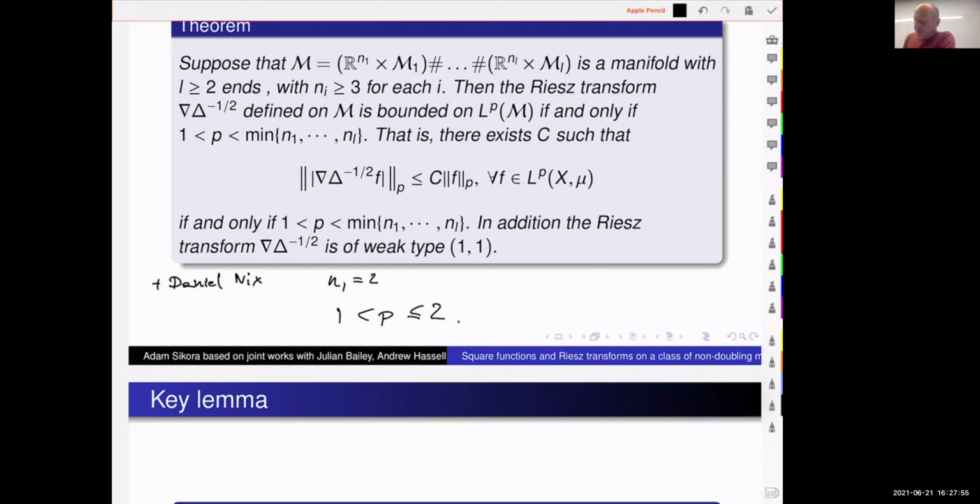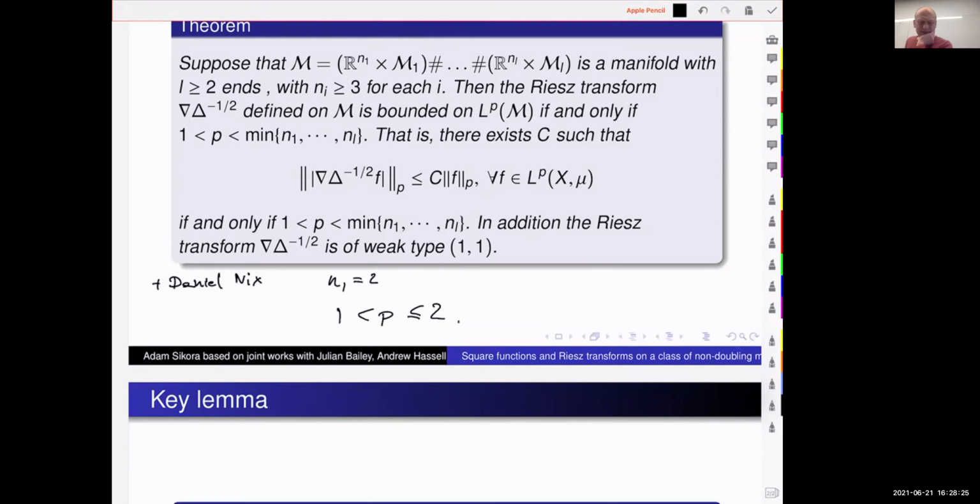So interestingly, the result is essentially the same, but technically there is quite a lot of additional calculation, additional work, to handle the case where one of the dimensions is equal to 2.